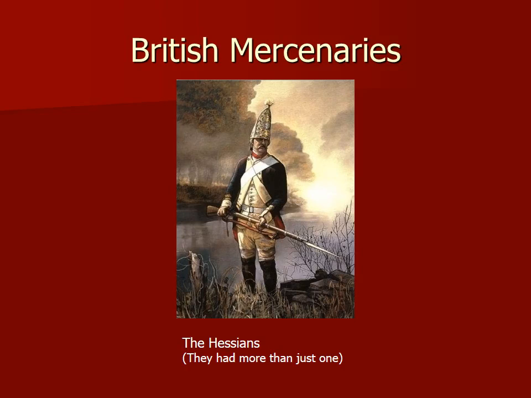That would be amazing with just this one badass mercenary. They had thousands of these guys. They were called Hessians because they came from an area of Germany known as Hessia. These were the mercenaries that the British used in this war, and they were able to do this because of their superior ability to raise money for the war effort. These mercenaries were a strength for the British because it allowed them to swell the ranks of the British military. So this is a big strength for the British.